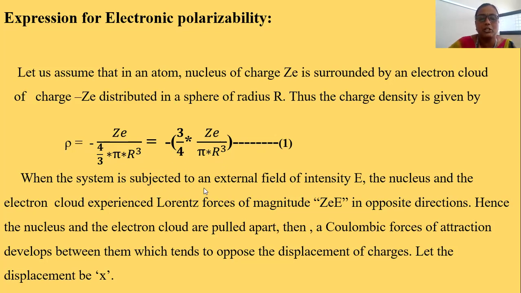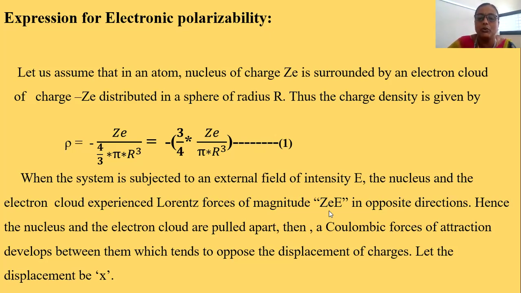When the system is subjected to an external field of intensity E, the nucleus and the electron cloud experience a Lorentz force of magnitude ZeE. Lorentz force means external force, because the expression for Lorentz force is QE.